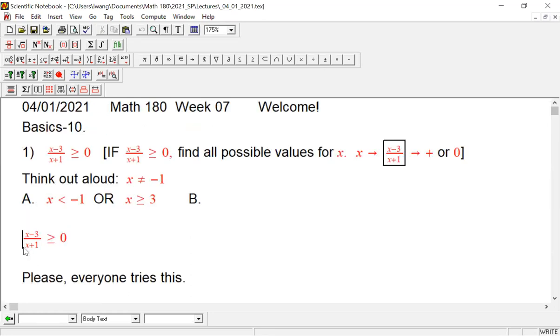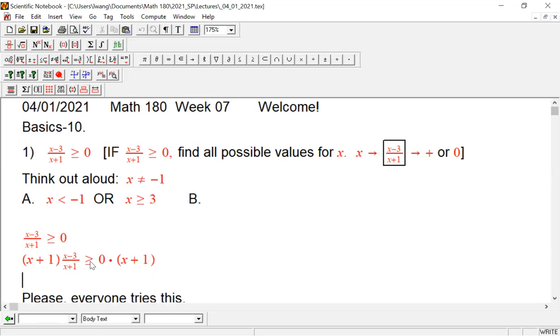Multiply both sides by x plus 1. So this inequality, multiply both sides by x plus 1.